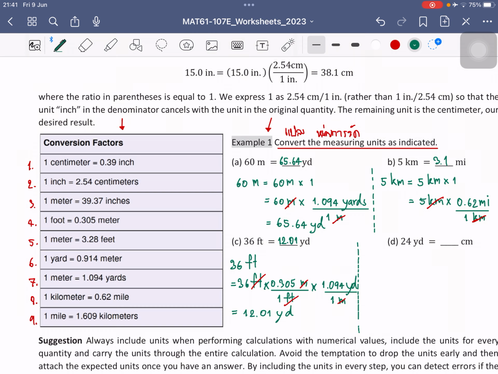I will use my calculator again to confirm my answer. 36 times 0.305 times 1.094. Okay, it's correct.